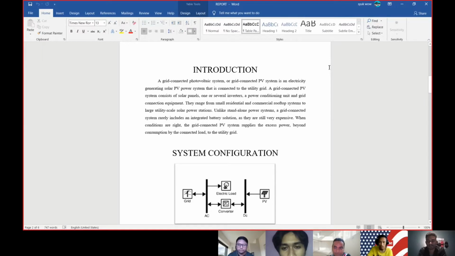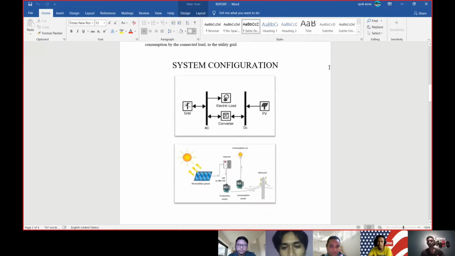Unlike standalone power systems, a grid-connected system rarely includes an integrated battery solution, which is still very expensive. When conditions are right, the grid-connected PV system supplies the excess power beyond consumption by the connected load to the utility grid.